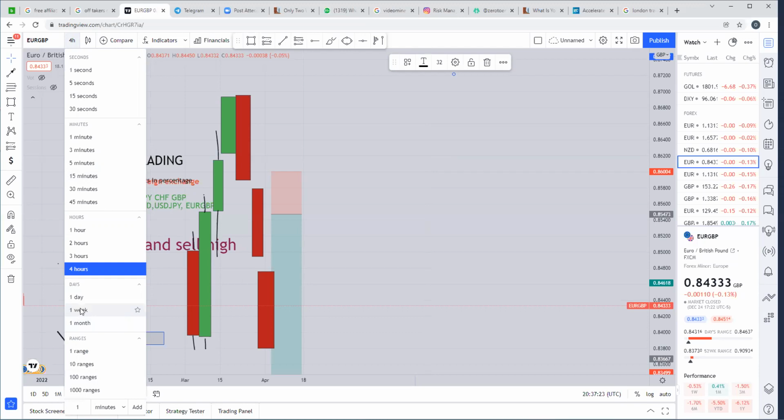We have 1 week, 1 day, 4 hours, 3 hours, 2 hours, 1 hour. On the MT4, you may not see 2 hours and 3 hours. You're going to see 1 month, 1 week, 1 day, 4 hours, 1 hour, 30 minutes, 15 minutes, 5 minutes, and 1 minute. But TradingView gives us the opportunity to see 3 minutes, 45 minutes, 2 hours, 3 hours, and ranges. So what are time frames? Time frames help you see how the market is doing overall.